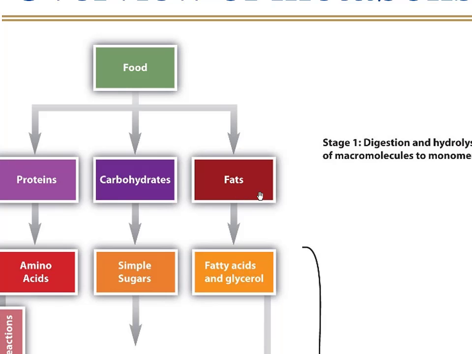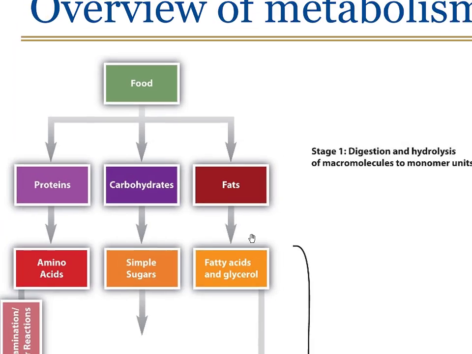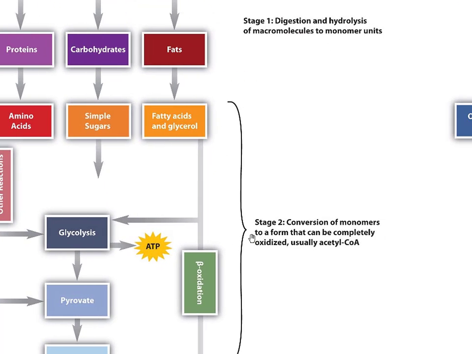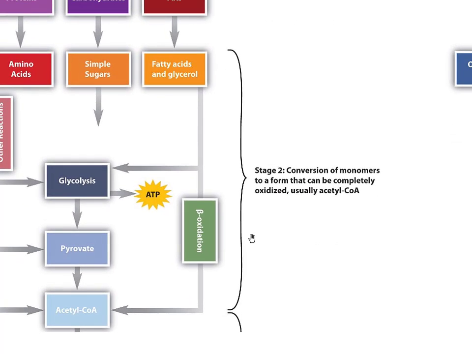In the first stage, these molecules get hydrolyzed to smaller components. Proteins get hydrolyzed to amino acids, carbohydrates to simple sugars, fats into fatty acids and glycerol. And then they undergo different sets of reactions called metabolism to end up with a common intermediate molecule, which is acetyl-CoA.